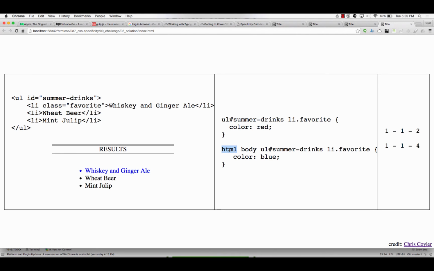And then each of those things adds to the weight of this selector. What am I selecting? I'm selecting that. That's my selector to get to this right here.